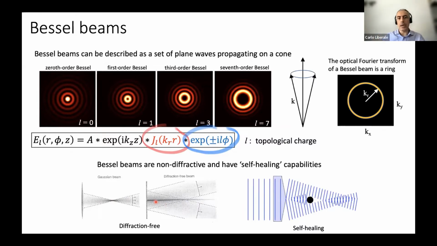So you can have what we call a very good depth of focus in some applications. Another interesting property is the capability of self-healing. If you put an object in the beam path, the beam can recreate itself after this obstacle, which is very interesting in many applications, for imaging, for instance, where you have scattering material and so forth.